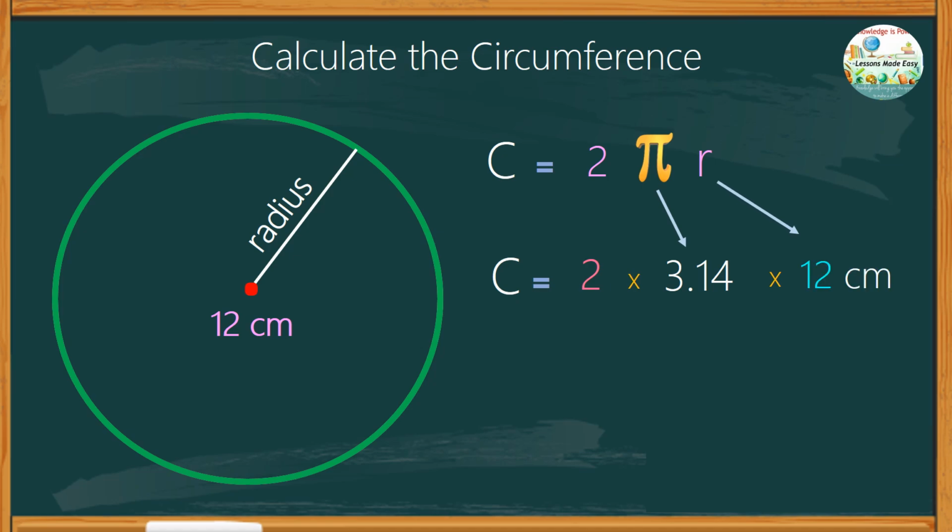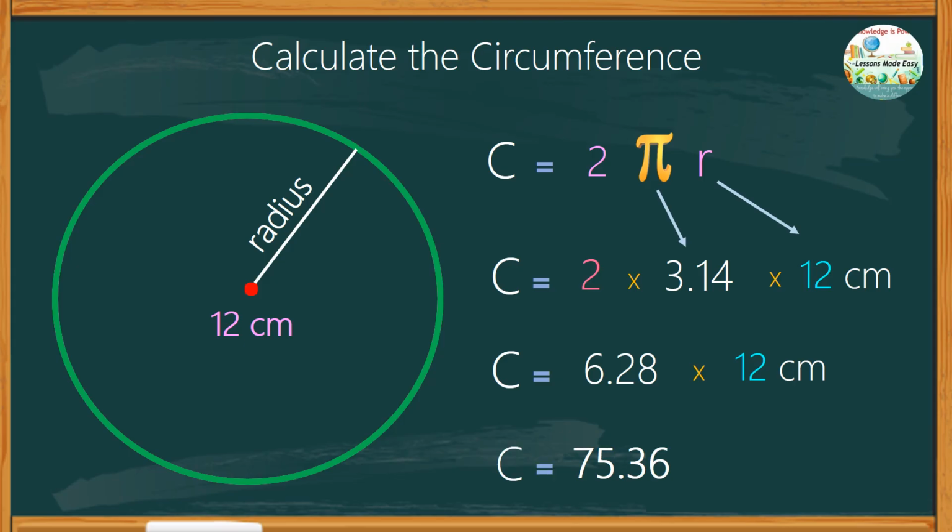Because we have 3 given quantities, we have to multiply the first 2 numbers, which is very small. 2 times 3.14 would give us 6.28, and then multiply this number by 12. We get a product of 75.36.